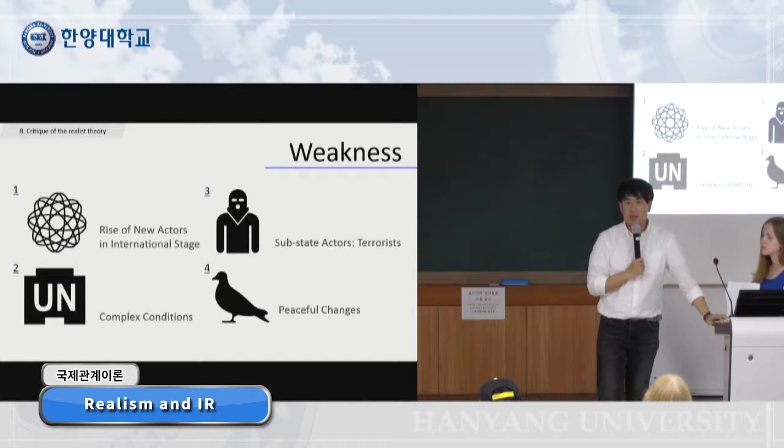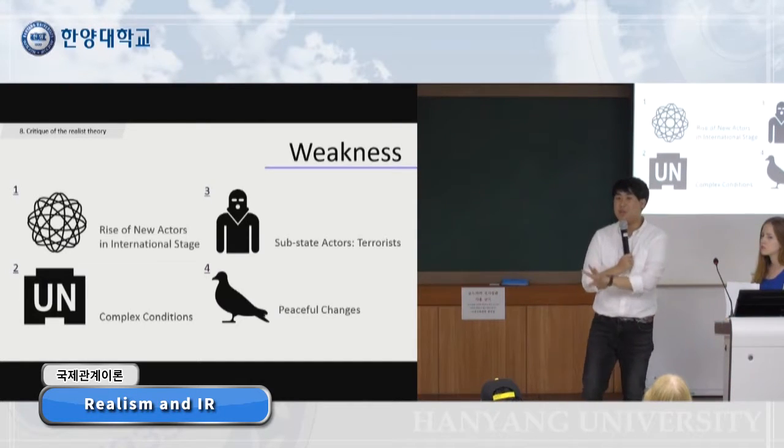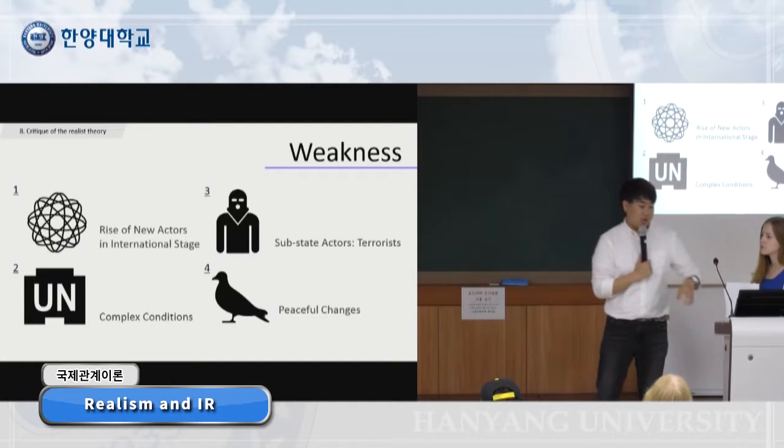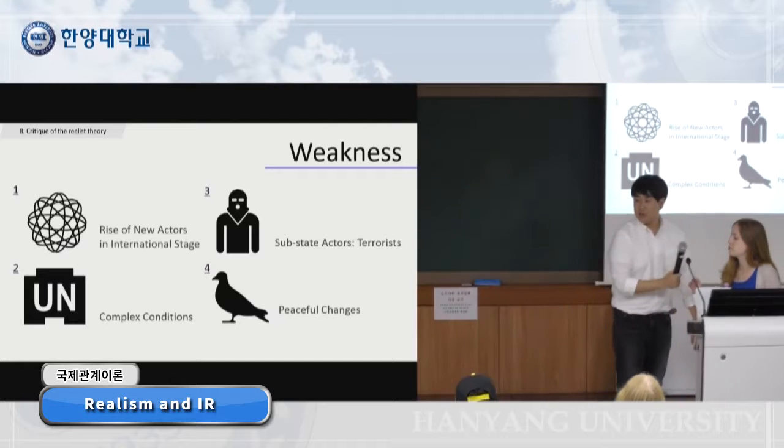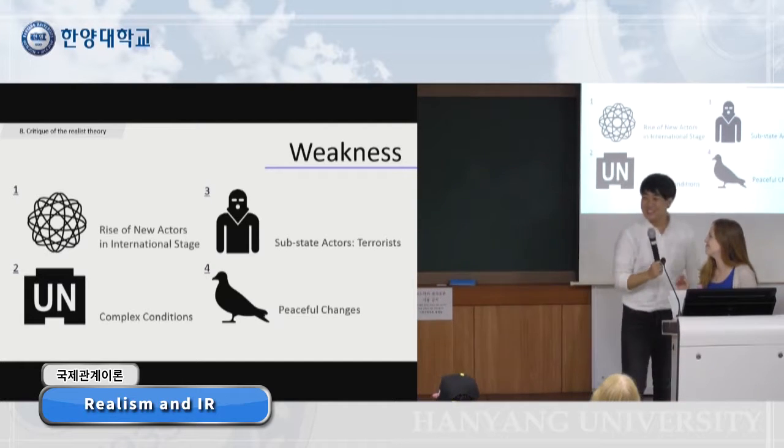So I think soft power can be considered to have strong influence nowadays, but in realist theories, I don't think it's that influential.